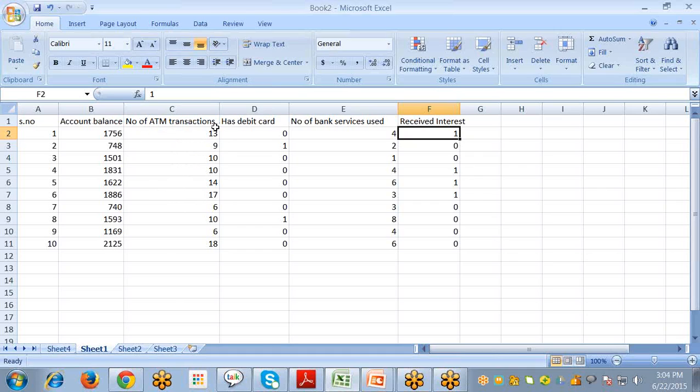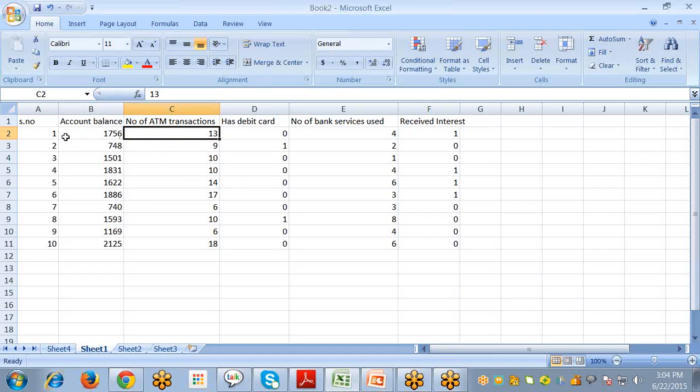So here number of ATM transactions is the independent variable, and account balance is the dependent variable. So in simple linear regression, what we are trying to do is: one independent variable is denoted by x. This independent variable, number of ATM transactions, is represented by x, and y is the dependent variable.